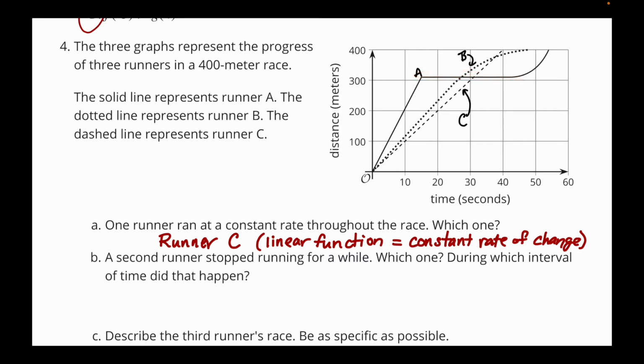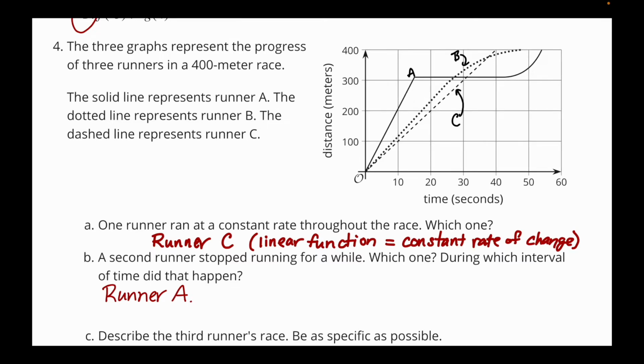So we're going to say this is runner A. And we can say they stopped between or from.